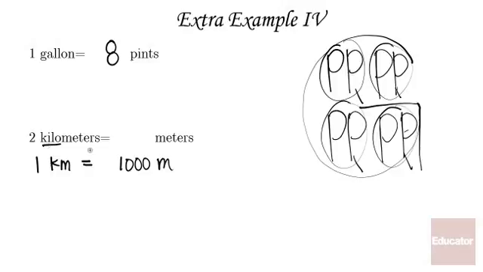Again, this is kilometer to kilometer and meters to meters. So I can see what I multiplied this by. 1 times 2 equals 2, right? You have to multiply this by 2 to get the 2 kilometers. So you do the same thing on this side. You also multiply by 2. Take this number, 1,000 times 2 is 2,000. So 2 kilometers is 2,000 meters. Okay?